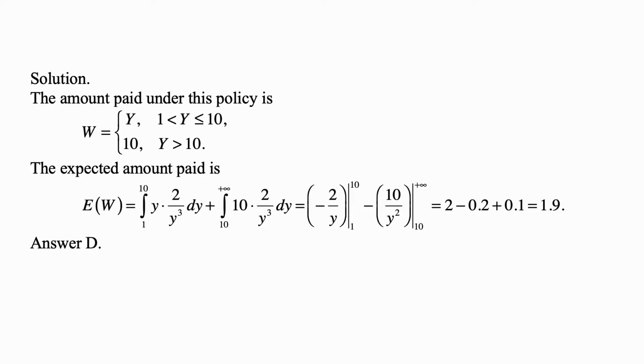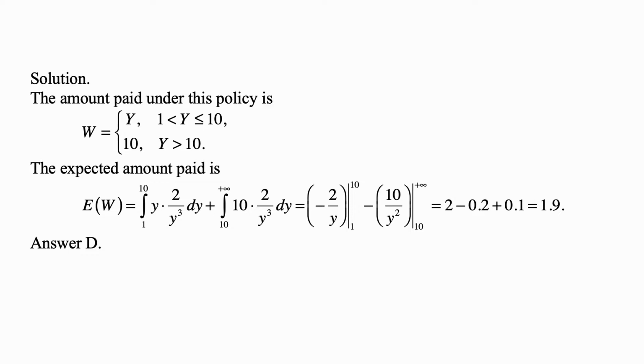So y times 2 over y cubed dy, plus the integral from 10 to plus infinity of 10, which is the payment for any value of y that exceeds 10, times the density, which is 2 over y cubed dy.